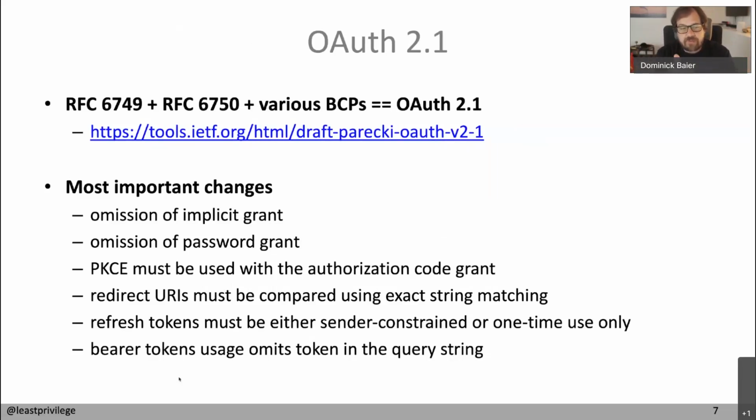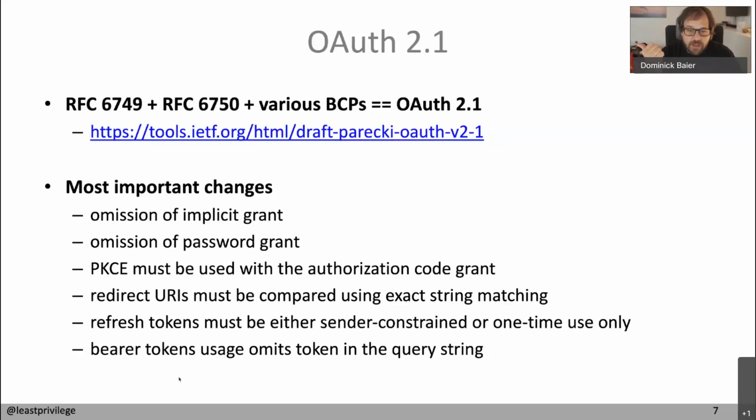There are strict requirements for how to validate the redirect URIs. We've seen many attacks around redirect URI validation, or flawed validation rather. So redirect URIs must be compared as exact strings, no variables or regular expressions, things like that, since it's very hard to validate URLs.